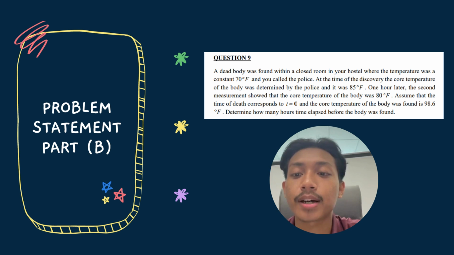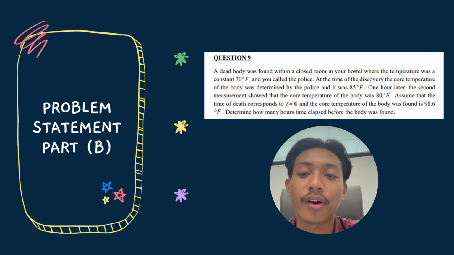At the time of the discovery, the core temperature of the body was determined by the police, and it was 85. 1 hour later, the second measurement showed that the core temperature of the body was at T. Assume that the time of this corresponds to, and the core temperature of the body was found to be 98.6. Determine how many hours elapsed before the body was found.